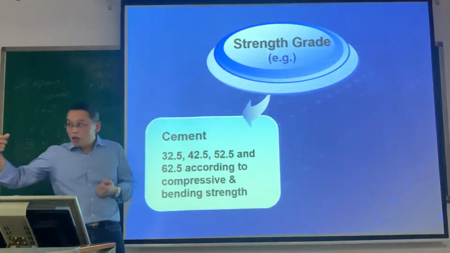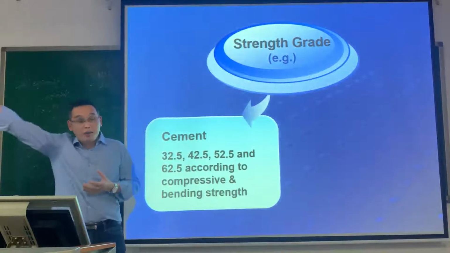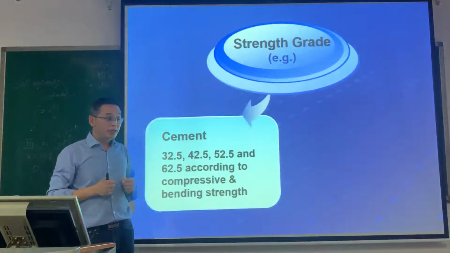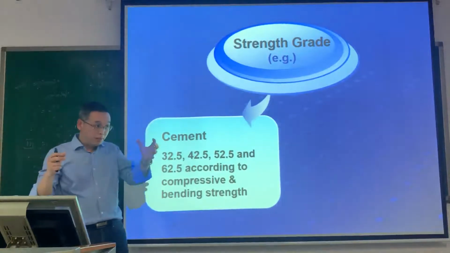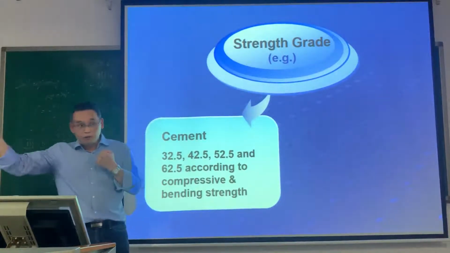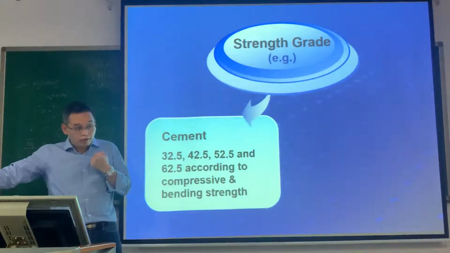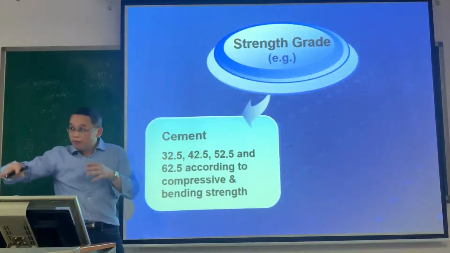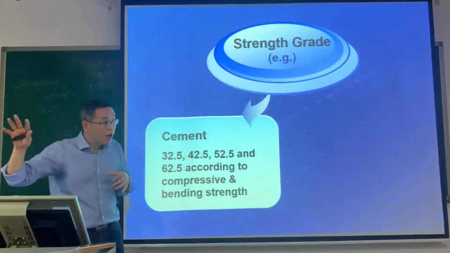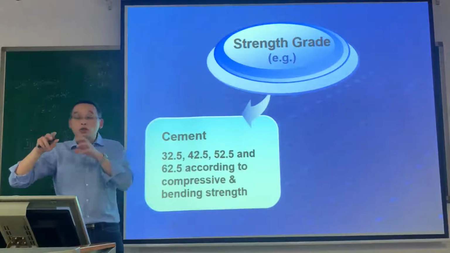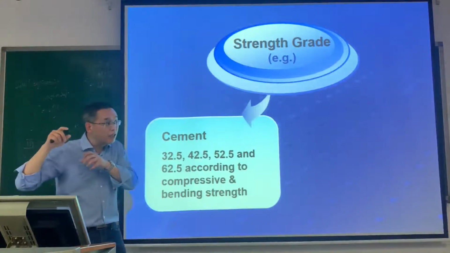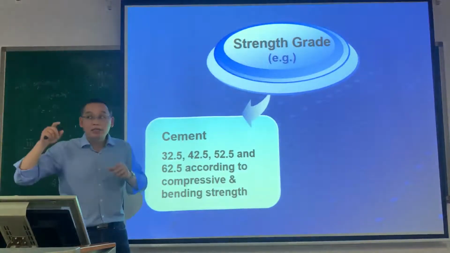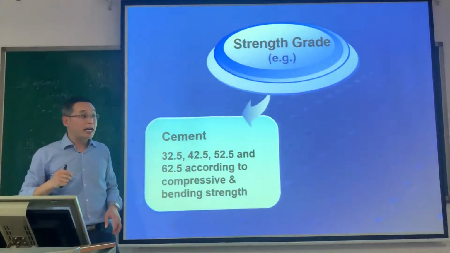Another is high buildings. They all need cement, but the cement used for me and the cement used for a high building are different, because if the building is high, the strength of the cement must be higher.